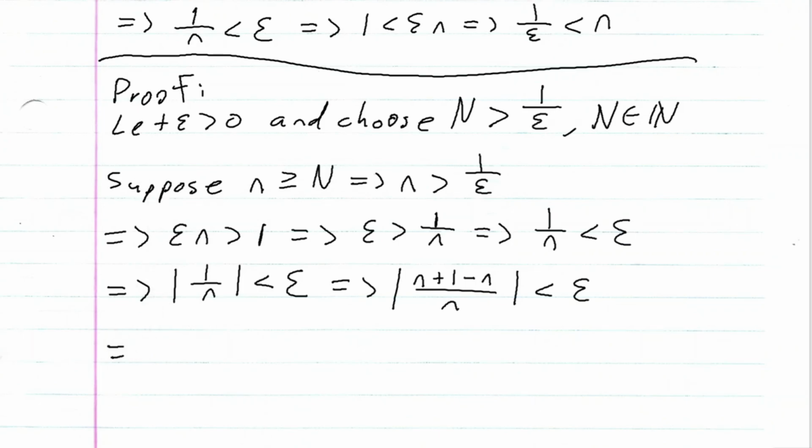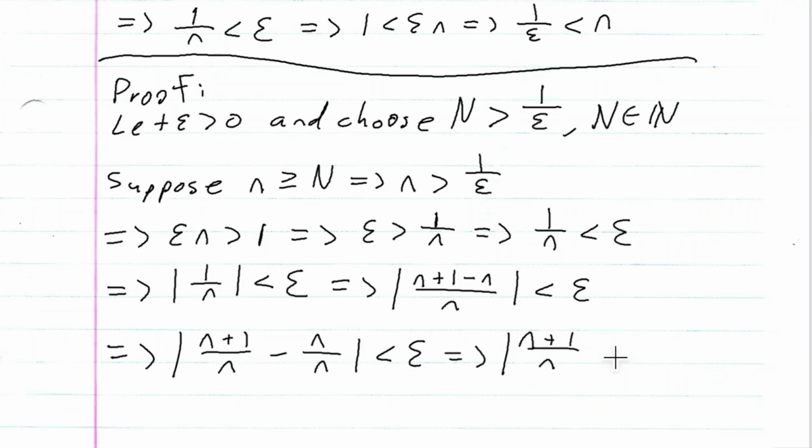And then this implies that |(n+1)/n - n/n| is less than epsilon. And then finally, this implies that |(n+1)/n - 1| is less than epsilon. So notice we got from our assumption n is bigger than or equal to N, and we get to |(n+1)/n - 1| is less than epsilon, and that is the proof.